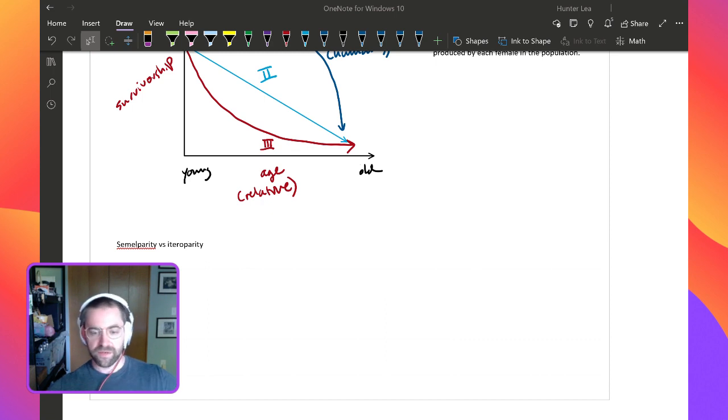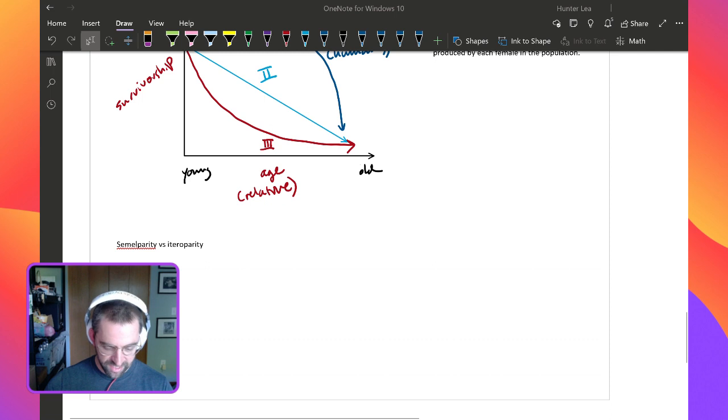Yeah. So semelparity and iteroparity are two contrasting reproductive strategies available to all living organisms, and a species is considered semelparous if it is characterized by a single reproductive episode before death, and iteroparous, many iterations, if it is characterized by multiple reproductive cycles over the course of a lifetime.